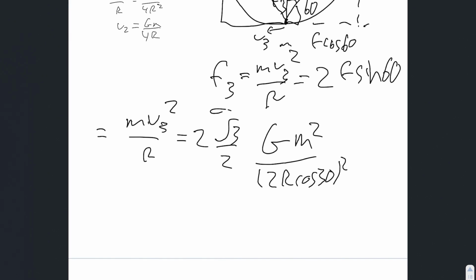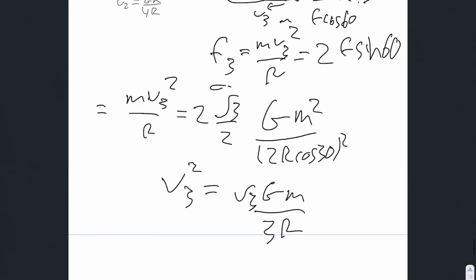Now, simplifying this, we have v3 squared equals, cancelling out some of these things, I believe Gm over root 3 is going to be there, and the 2s cancel, over 3r, I think.